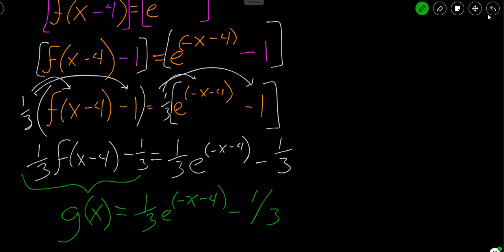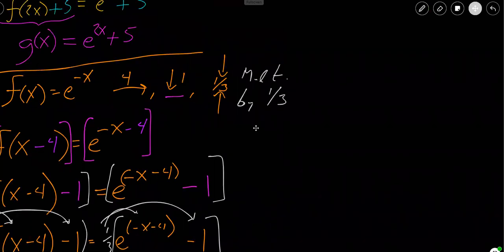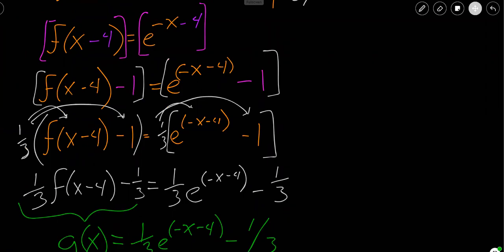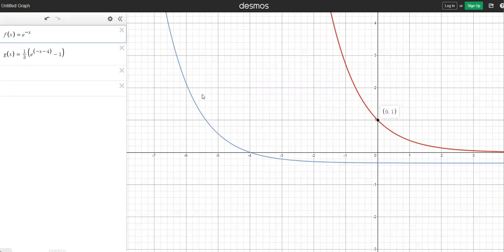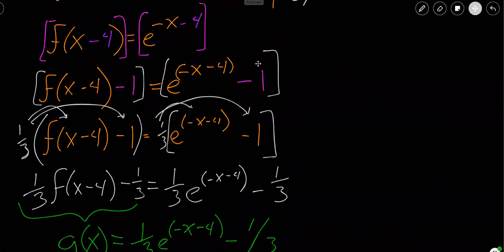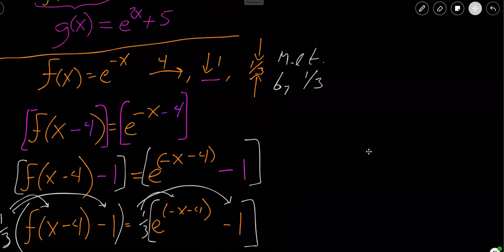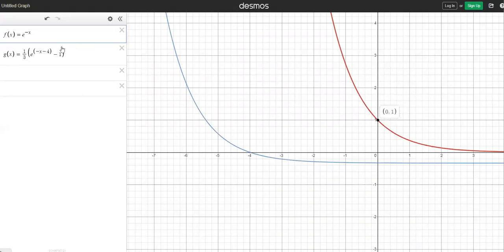Let me check. Oops. Might have goofed up. Let me check. I'm going to the right by 4. I messed up my directions, didn't I? I was meant to go to the right by 4, but I've got a negative 4. What did I do wrong here?